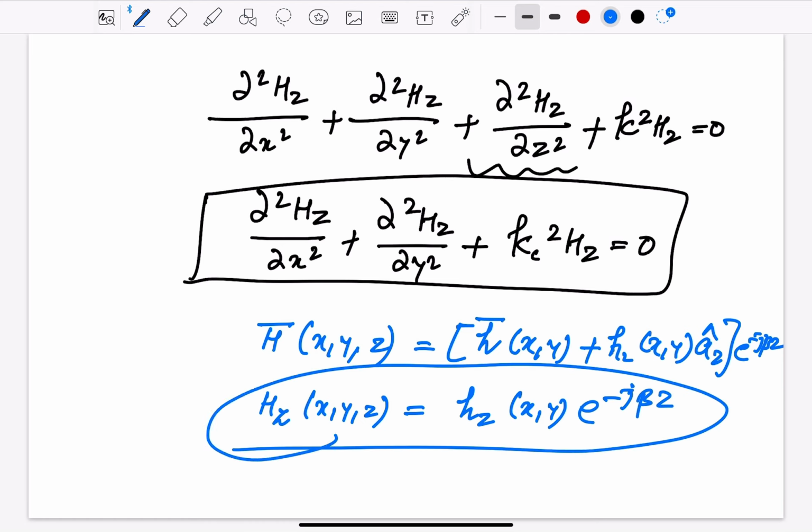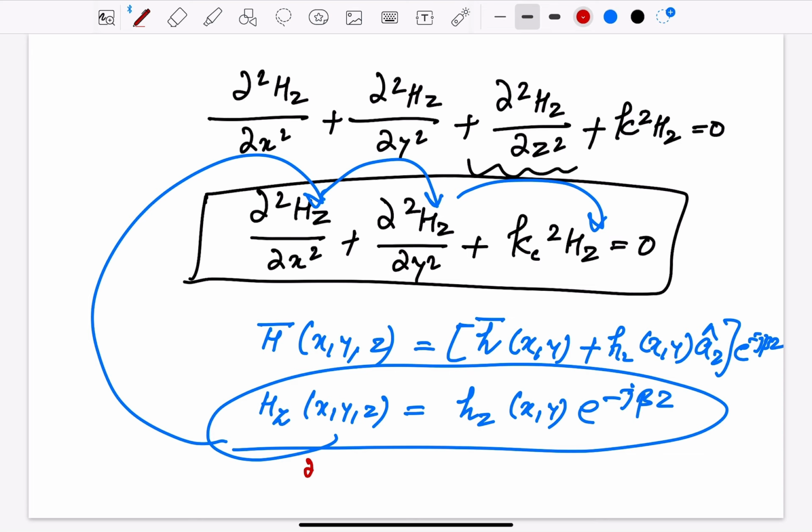You are supposed to replace these things, and finally you can write a differential equation like this: ∂²Hz/∂x² + ∂²Hz/∂y² + kc²Hz = 0.